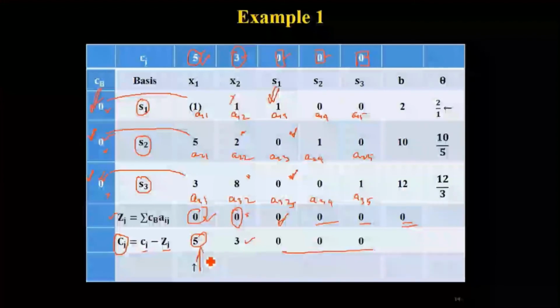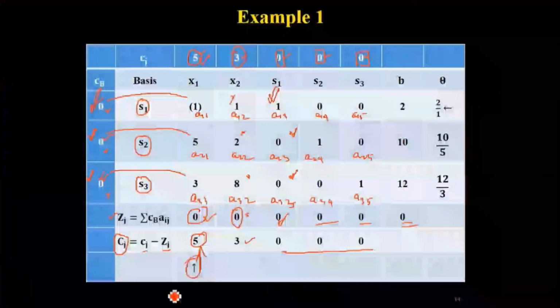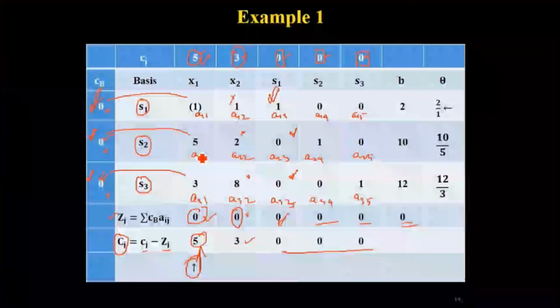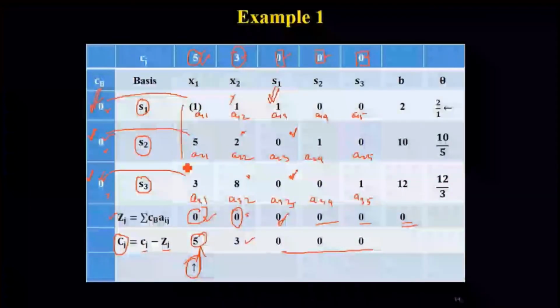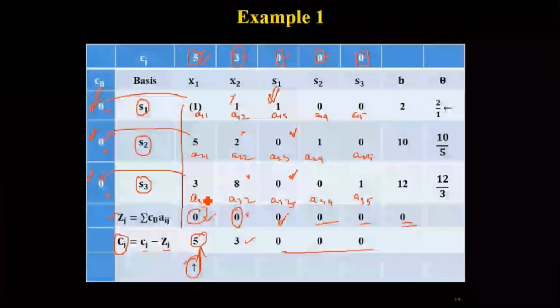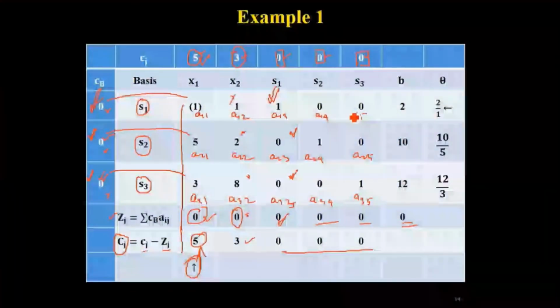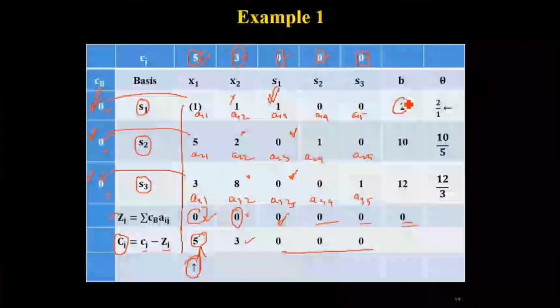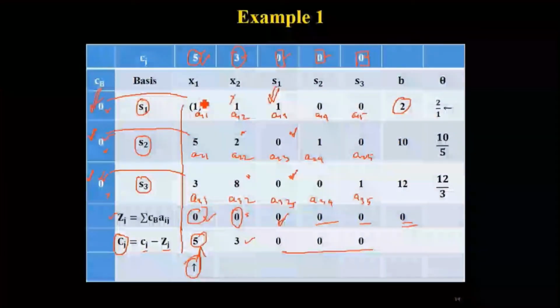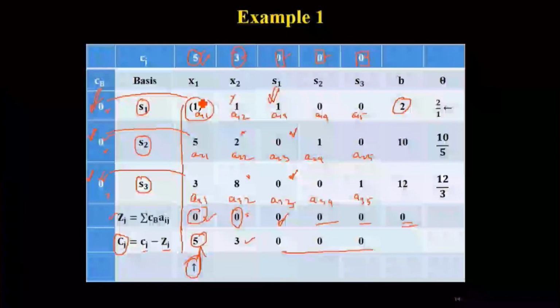So this column, which we have marked with the arrow, we have to take. Now in this column we have to find the ratio. How to find it? This is the B value, so B value divided by this entry: 2 by 1.